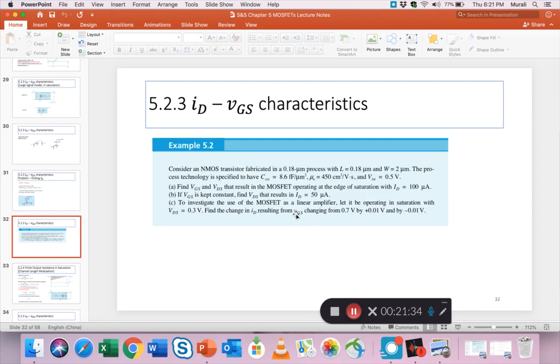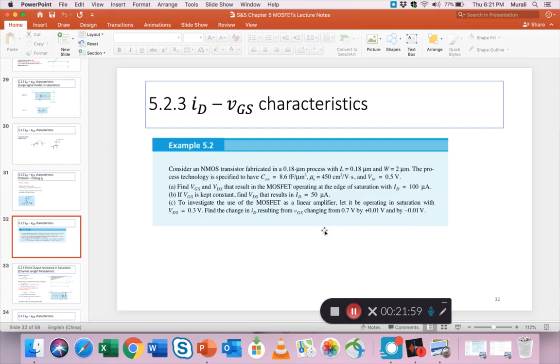And so he says let it be operating in saturation with VDS of 0.3. Find the change in ID resulting from VGS changing. Previously we changed from 1 to 1.01, remember? Here he's saying go from 0.7, add 0.01 and subtract 0.01.